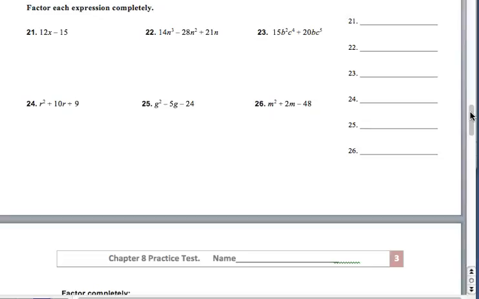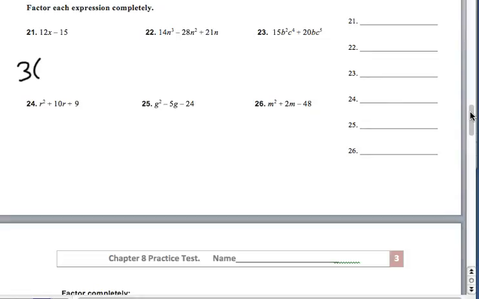So when we're factoring, remember, the biggest key is pulling out the greatest common factor, okay? So I always begin every single problem by looking to see, is there something that divides out? Biggest strategy, you always start there. So for example, number 21, I look at 12x and 15, and I see that a 3 divides out of both of those, okay?